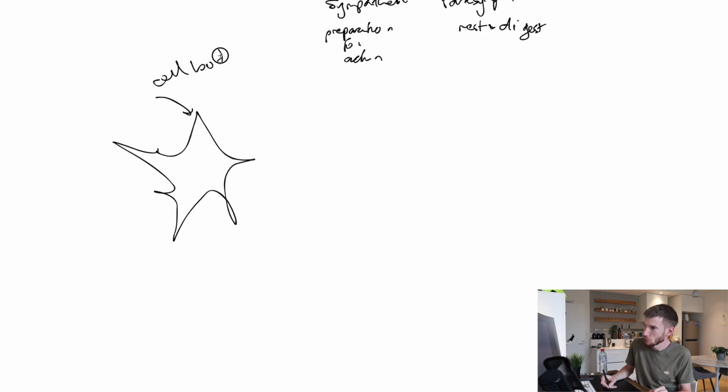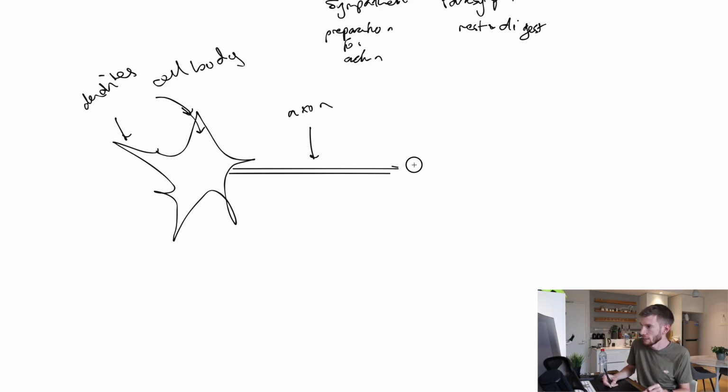They have these weird kind of spindly fibers, these little branchings, these are dendrites, and these are trying to receive messages from the next neuron. They then branch out into this big long fiber here. This is the axon, and then this branches out further like this, and these are the axon terminals.